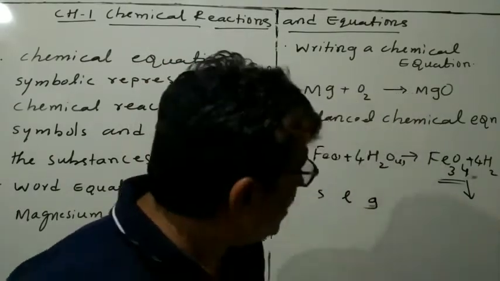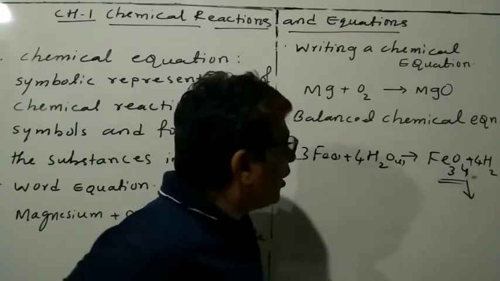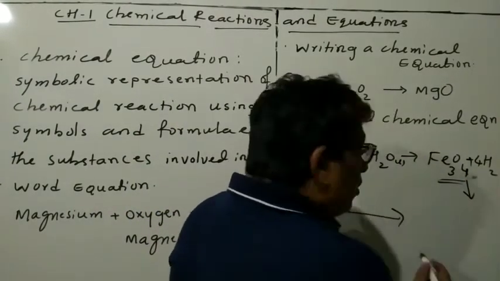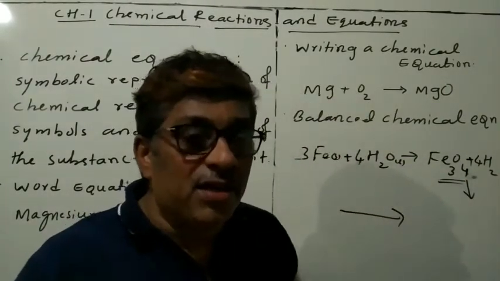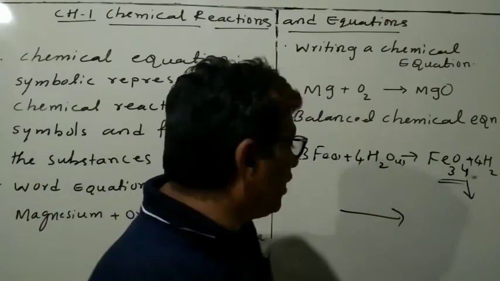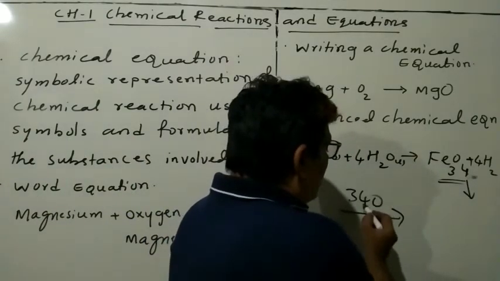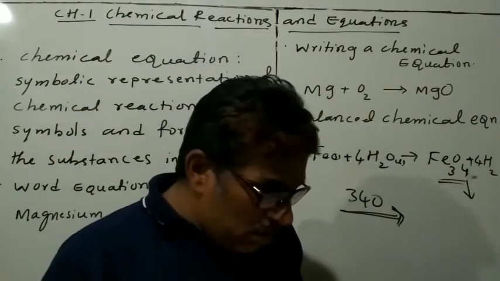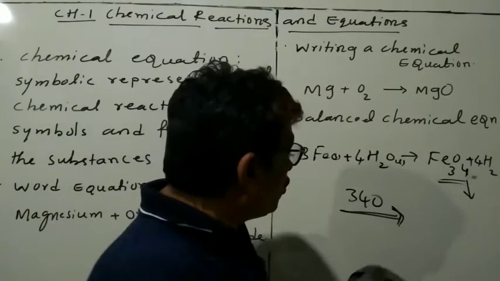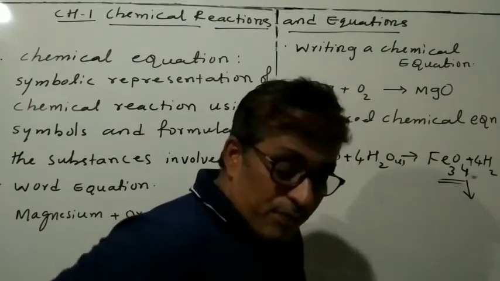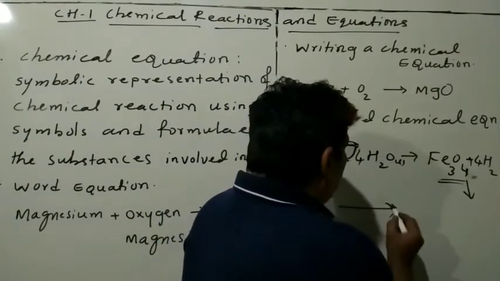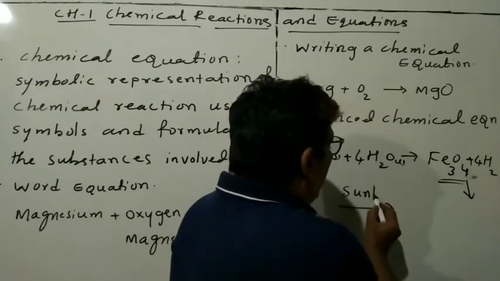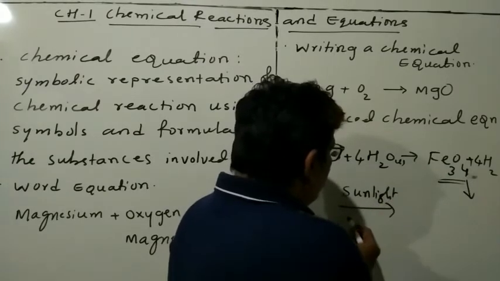And sometimes we also write conditions above the arrow mark, such as sunlight or any sort of atmospheric pressure. This is all written above the arrow mark. Or you know that the process of photosynthesis takes place in the presence of sunlight and using chlorophyll.